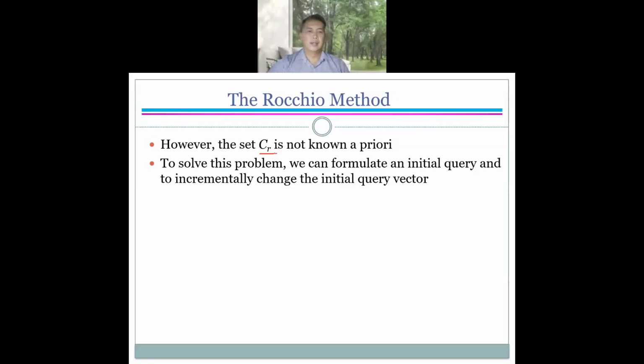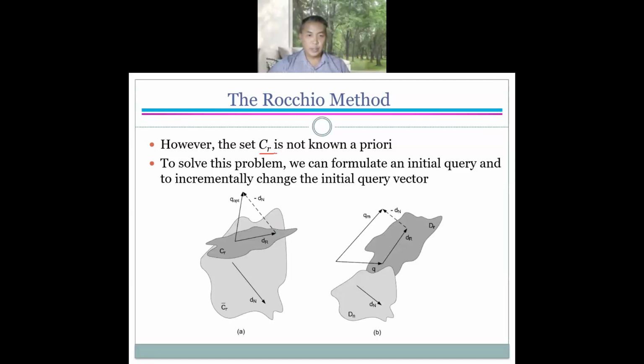So how do we change that one? Let's suppose this is your relevant document, the dark one, and this is your non-relevant document. The vector representing the relevant document is this one, and the vector representing the non-relevant document will be this one.